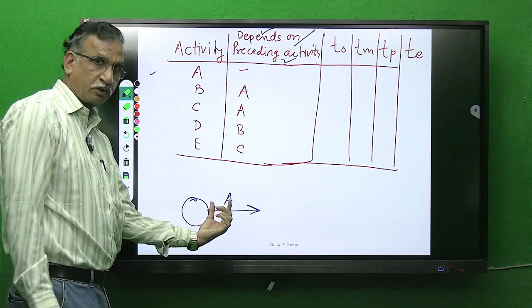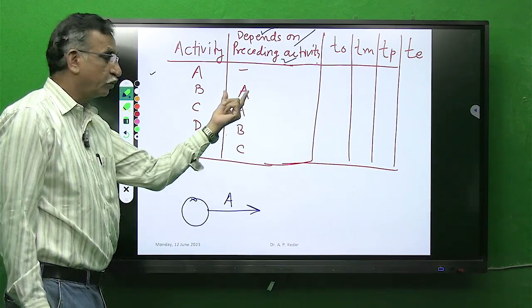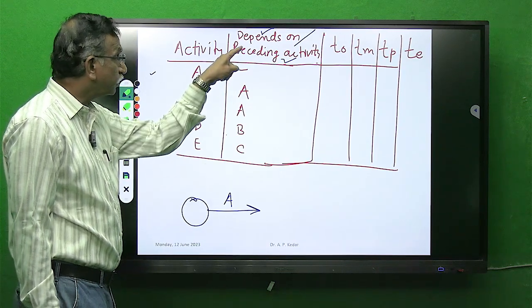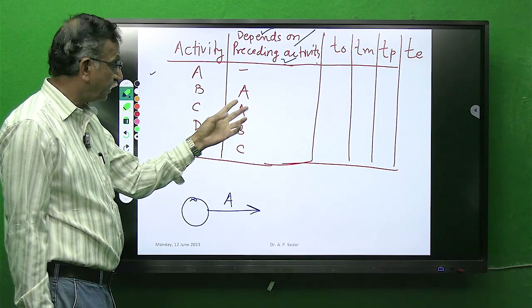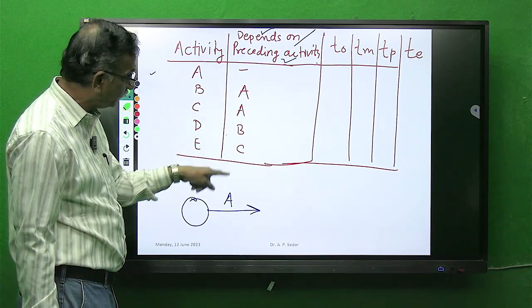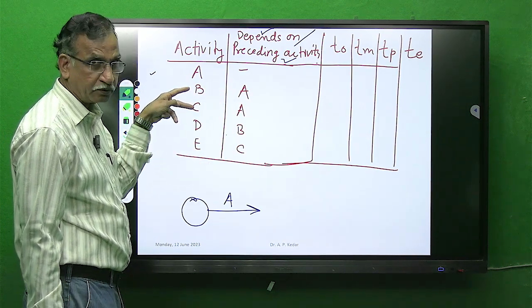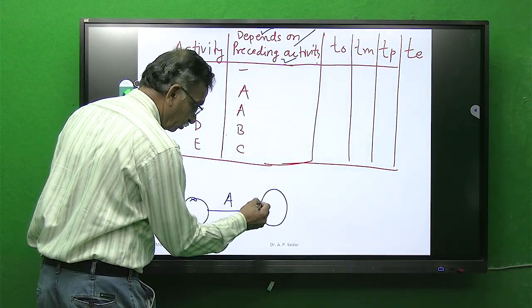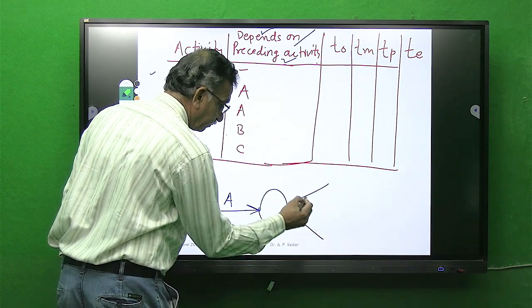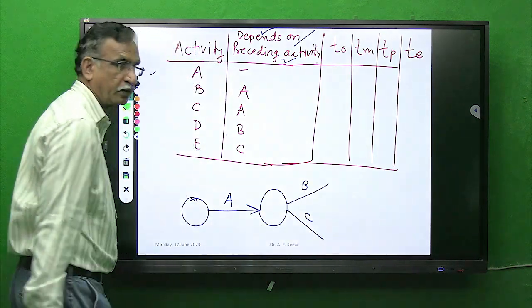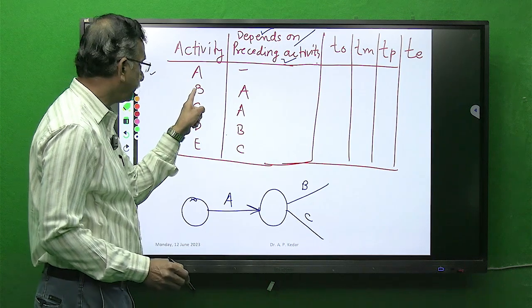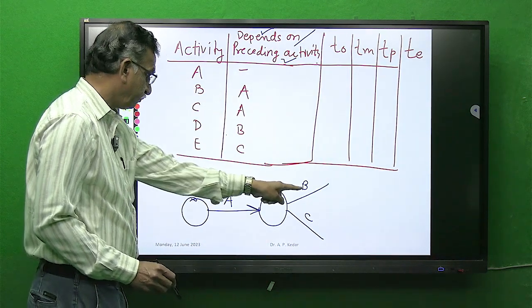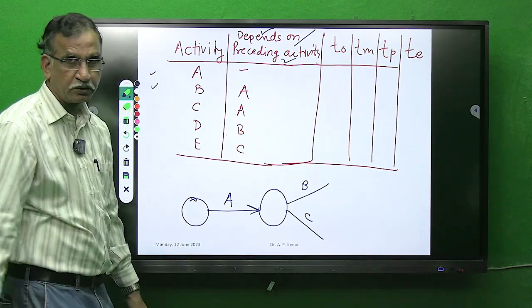Now, see which are the further following activities to the one you have already drawn. When you have drawn A, look to the column of depends on or preceding activity and see for the activity which you have drawn, which are the following activities. Here you can see B and C. So, your task will be now to give further activities B and C. So, I have drawn B which depends on A, yes, I did it.